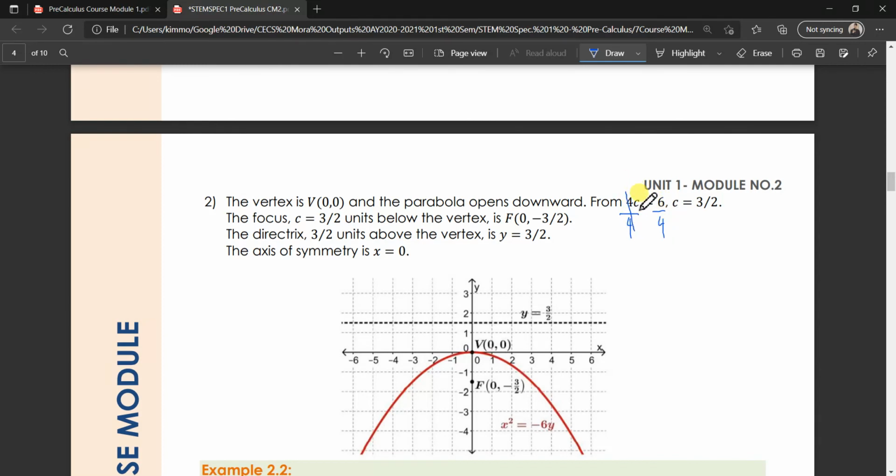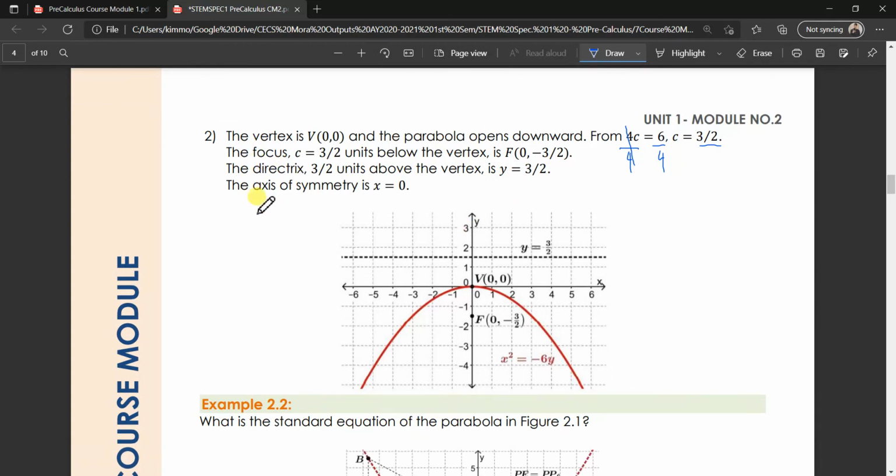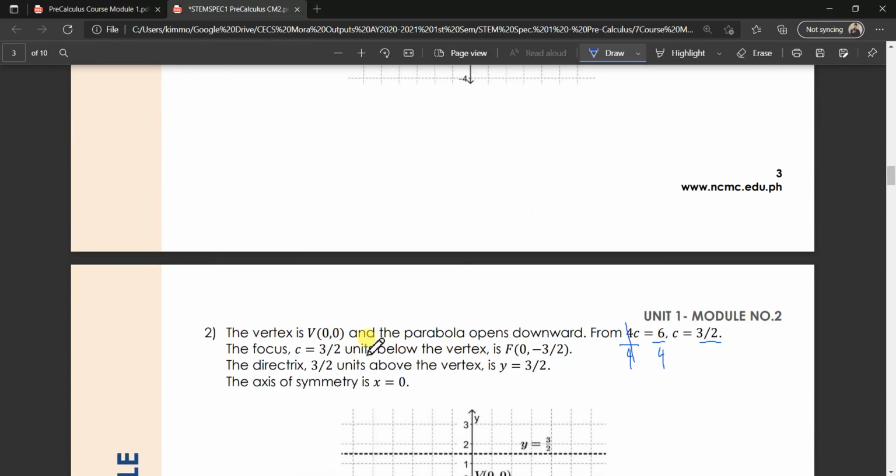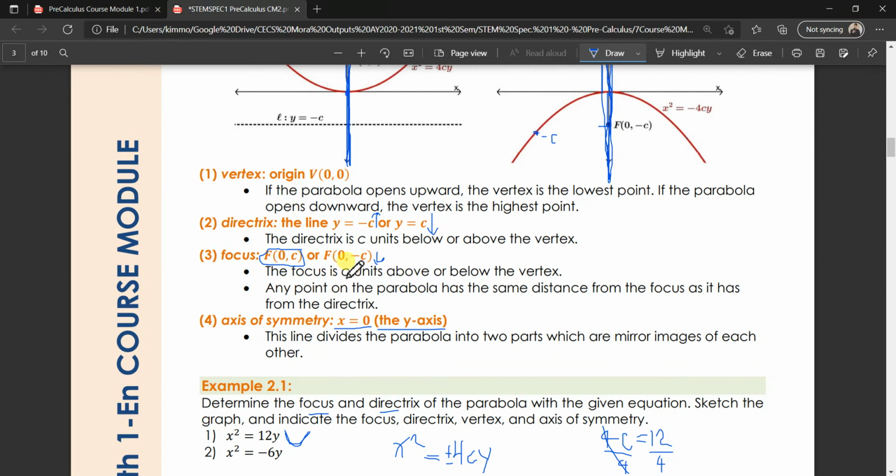So cancel 4. So c is equal to 6 over 4, or that is 3 halves. So if it is opening downward, to find the focus, we use (0, negative c). So our value of c is 3 halves. So our focus is located at (0, negative 3 halves).